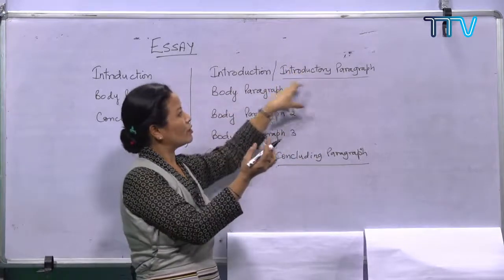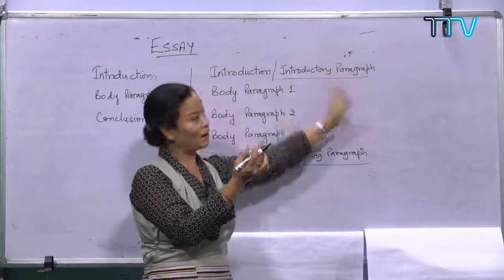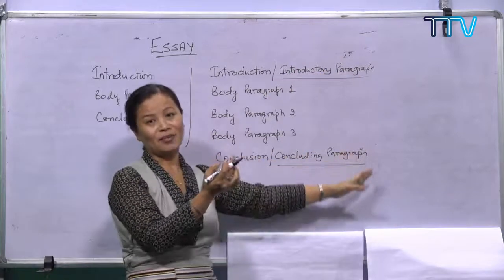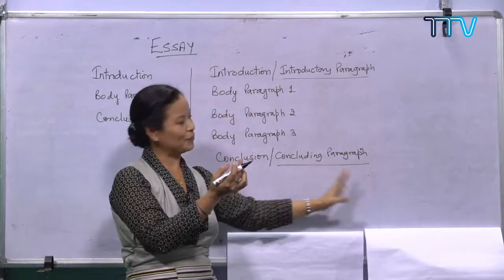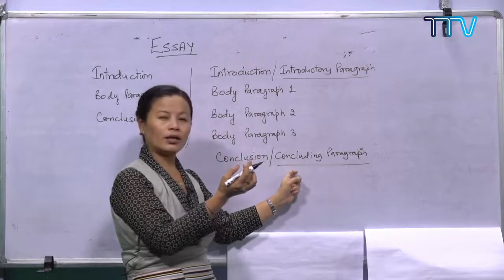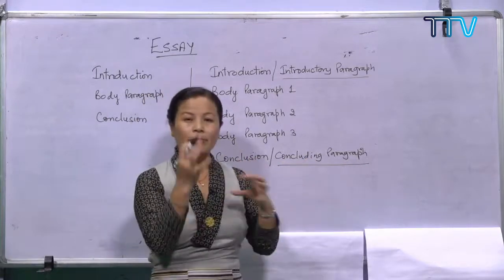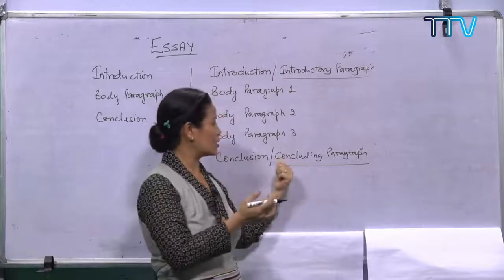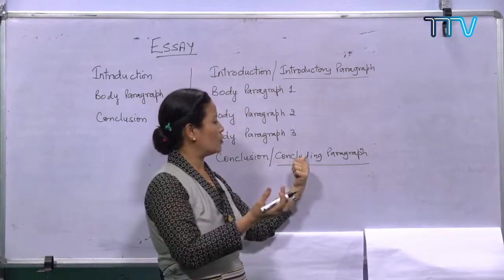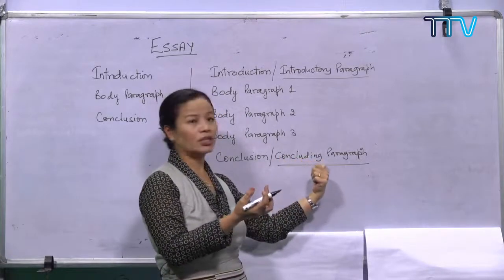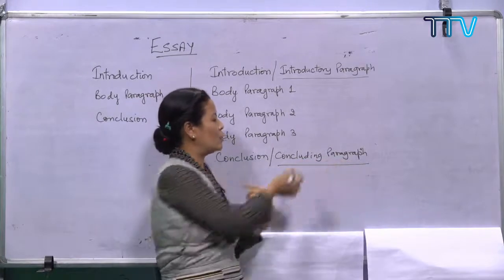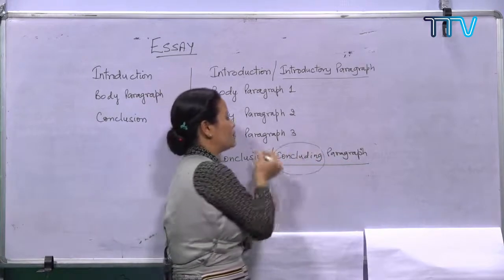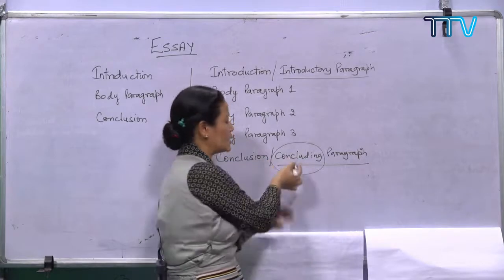So, if you remember, I think yesterday we talked about participle and gerund. Conclude is a verb. If we remove the E and add ing, we get concluding paragraph. So this participle is a present participle, but here it is acting as a gerund.